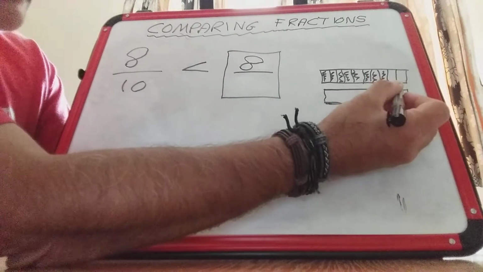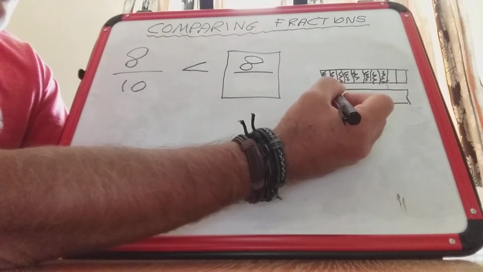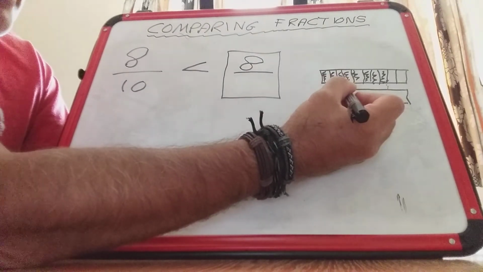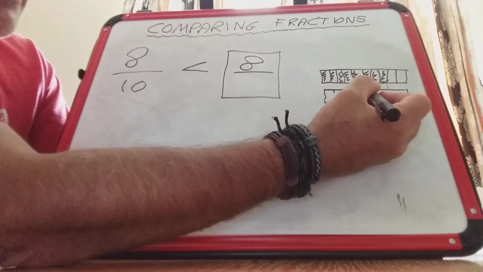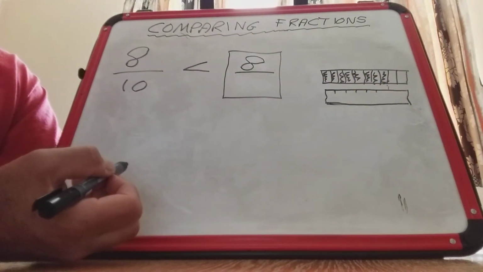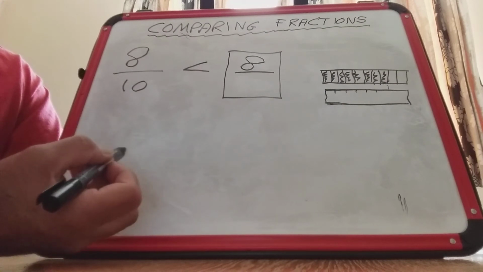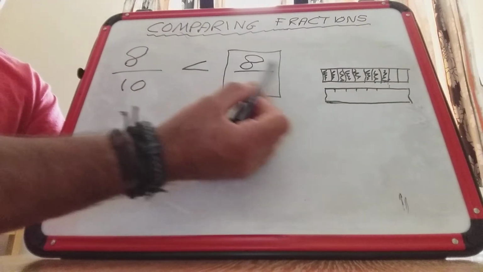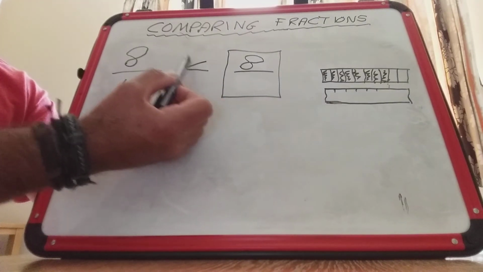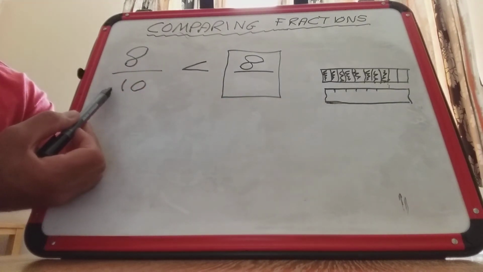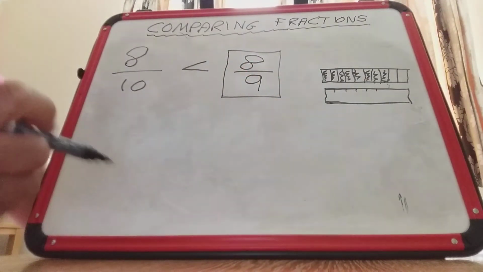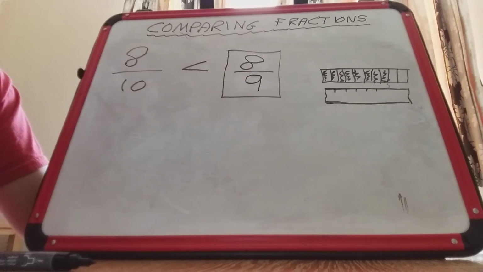If we divide this rectangle into 9, then each section is going to be bigger than if we divide it into 10. And if each section is going to be bigger, then 8 big sections is going to be bigger than 8 smaller sections. So therefore, if that was a 9, then that would work out perfectly.